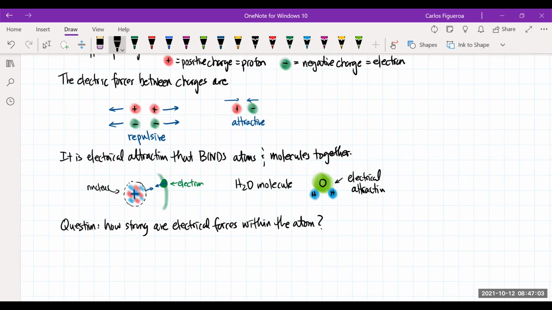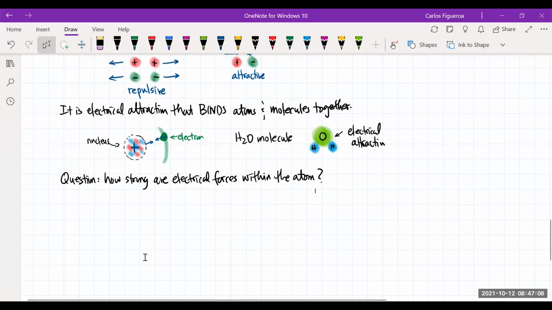And what you're going to find here is that the first way, which is the really important one, is known as the discovery of the nucleus.